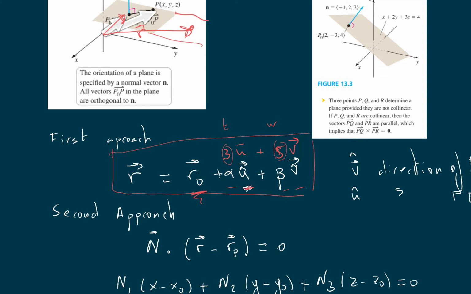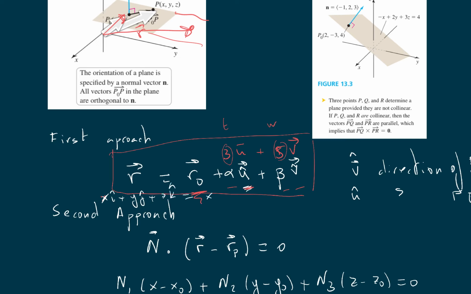Of course, you can write r as xi plus yj plus zk.